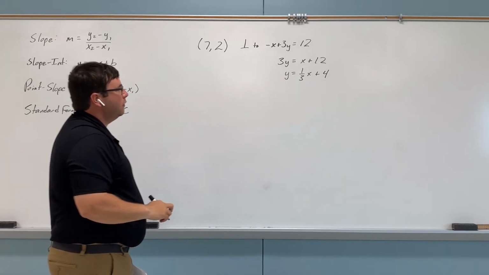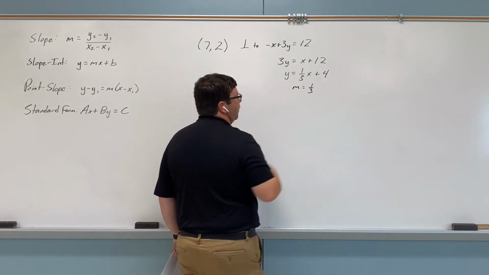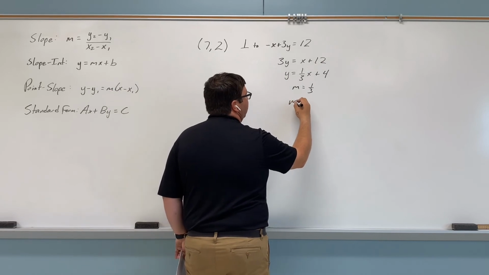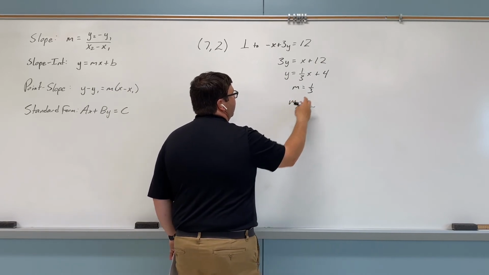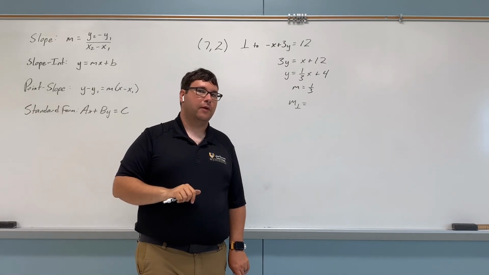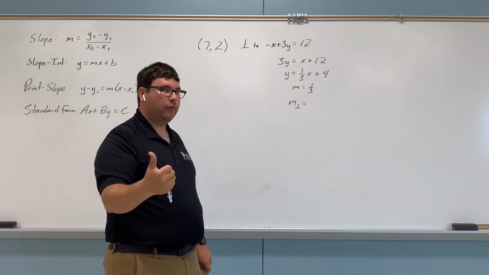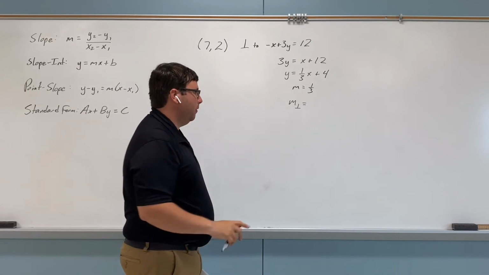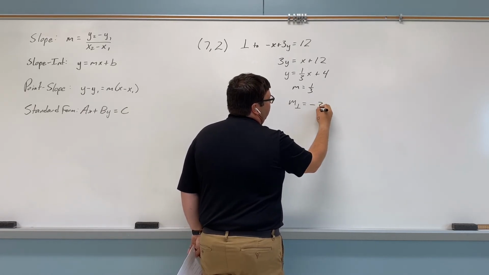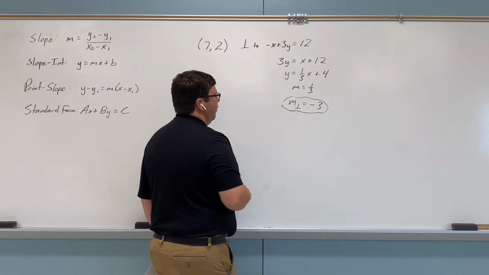All right, so what is the slope of this line? 1/3. Now, what does that mean for me? What is the perpendicular slope to 1/3? Remember, you must meet both conditions here, opposite and reciprocal. Opposite would be negative here. Reciprocal would be 3. So this is the given slope that you're working with.